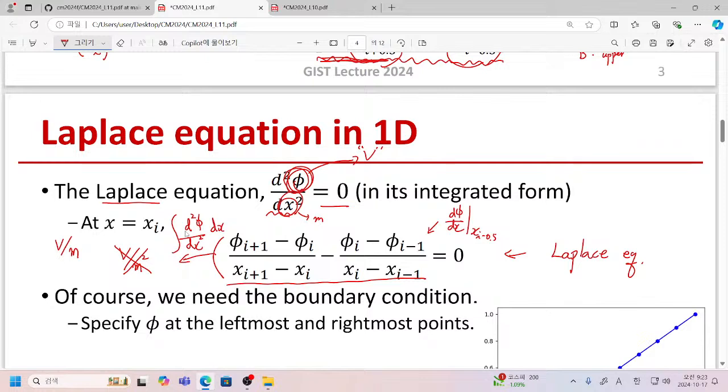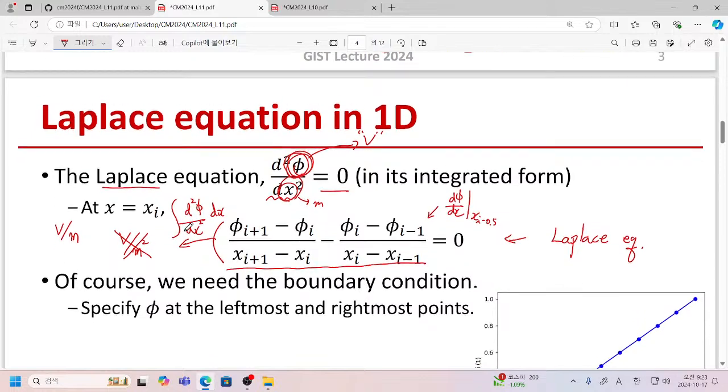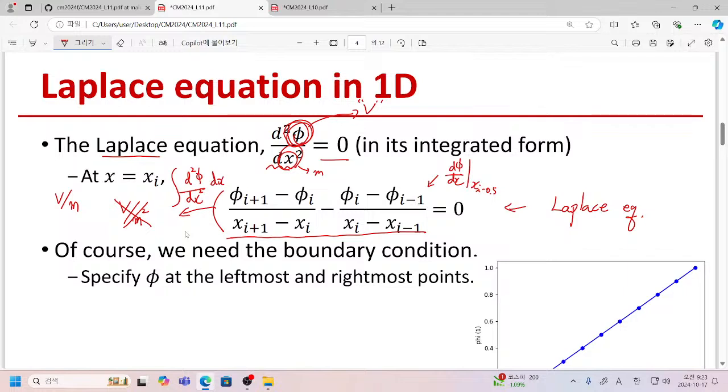Then you will have an equation corresponding to the integrated form of your equation. In the case of the Laplace equation, that will be this form, and you can easily expect that if every point is uniformly spaced, then that will become just the same form.